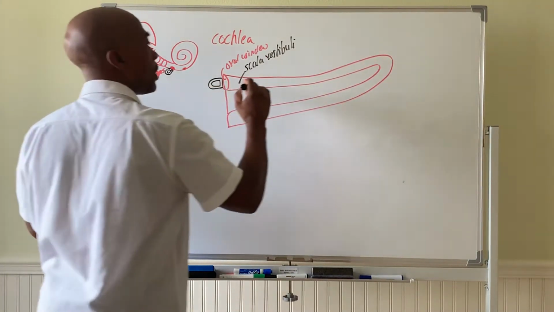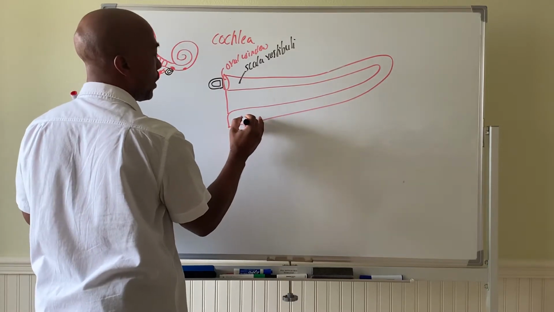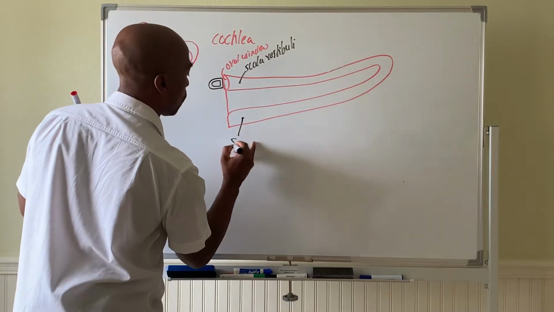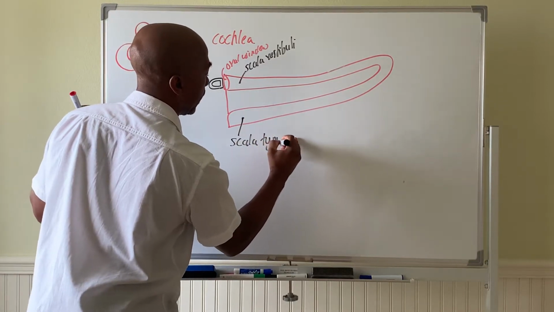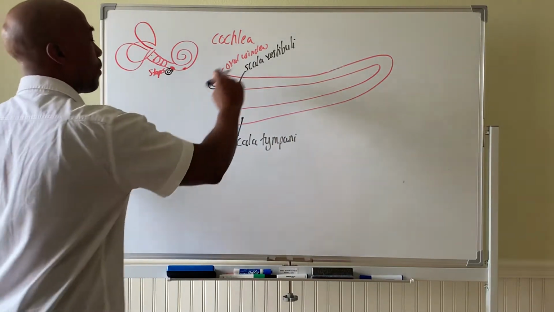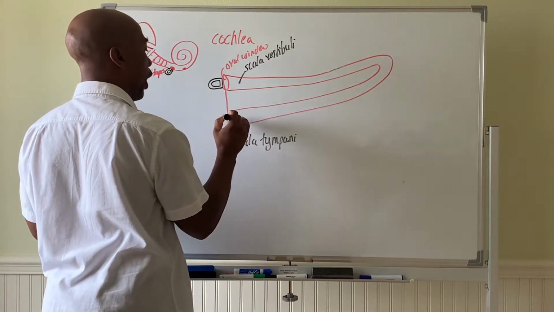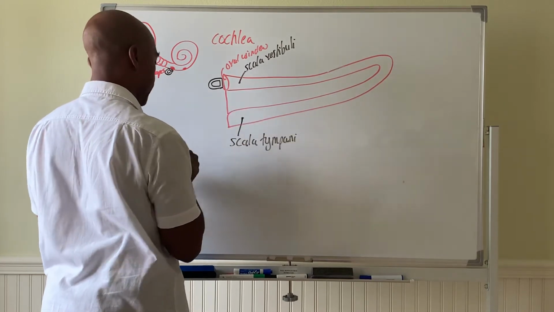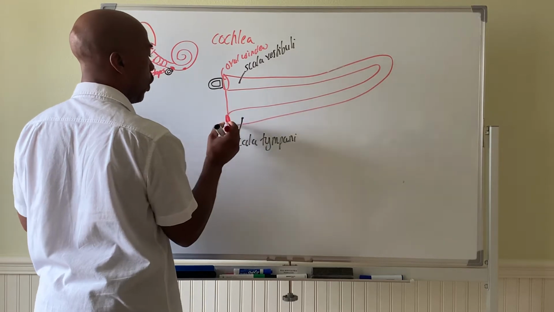That chamber continues with another chamber, we may call it the lower chamber. This one is called the scala tympani. That chamber dissipates its vibration into another window out here, which is called the round window.